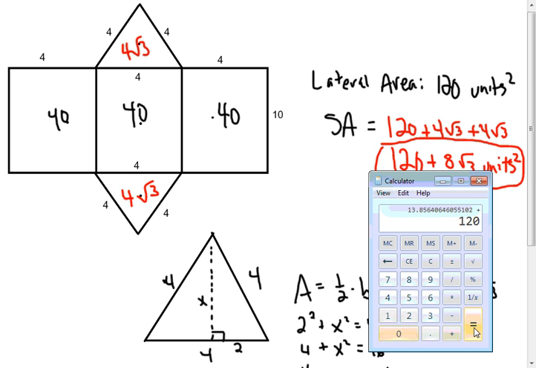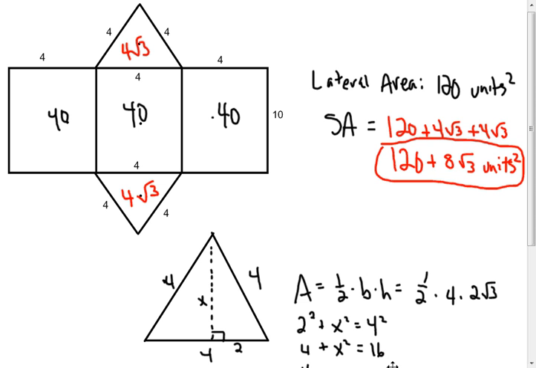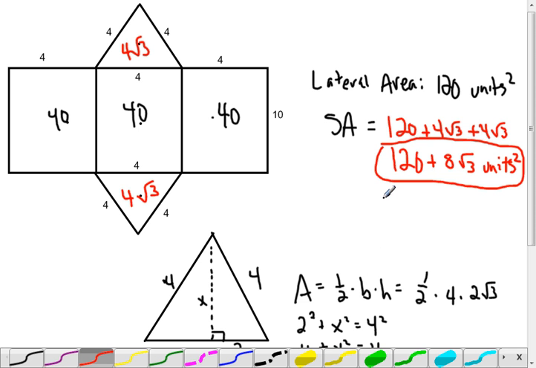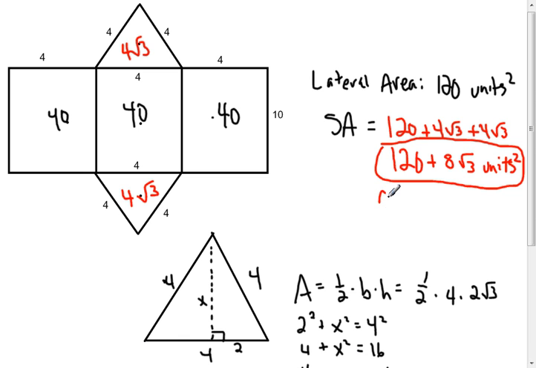So we get 133.86. It depends on what your teacher's looking for. If they're fine with rounded answers, you'd say it's about 133.86 units squared. Or if they want the exact answer, you would leave it as 120 plus 8 root 3. It all just depends on what you're looking for.